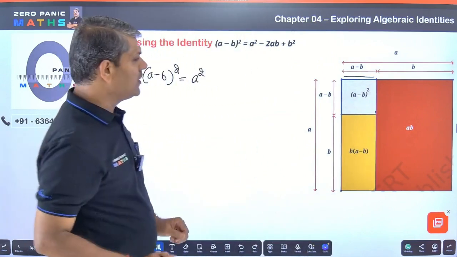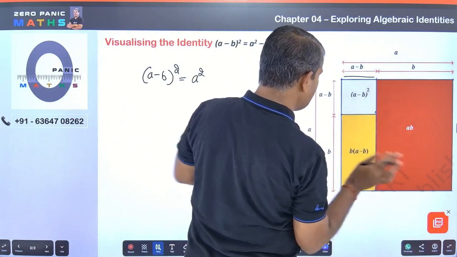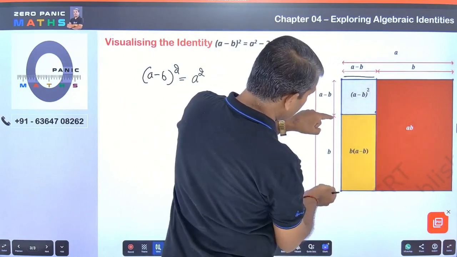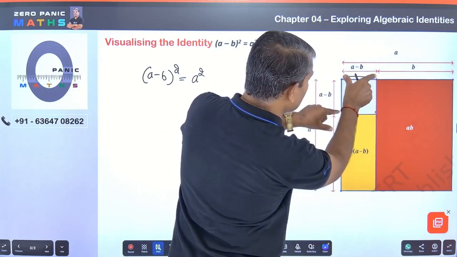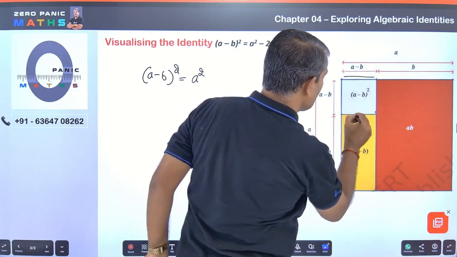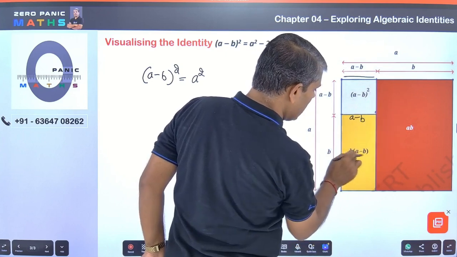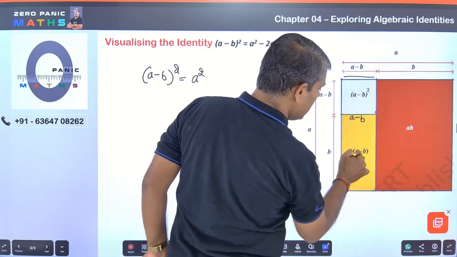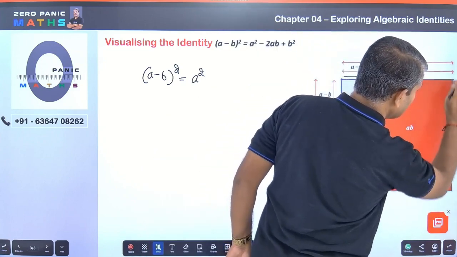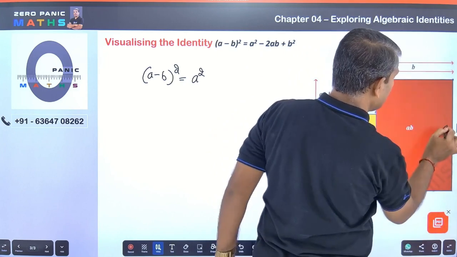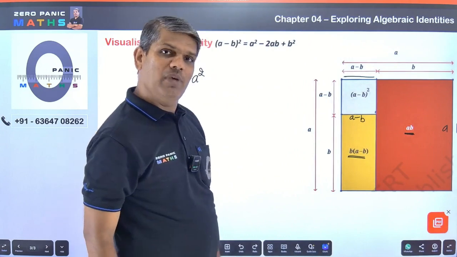Hope you understood this. Okay, how did I get the areas of this and this here? You can simply see that this is b, one side of this rectangle, and this is a minus b, right? So this is parallel, so this is also a minus b for me. Okay, so it is b into (a minus b), so that is how I got this as b into (a minus b). Or this side, this is a and this is b, a into b, so that is how I got the area of that as ab.